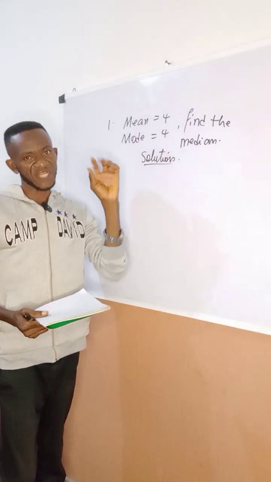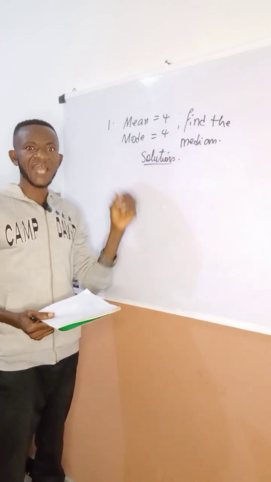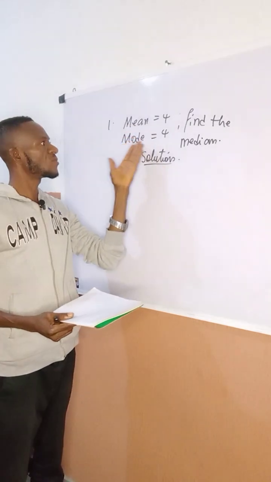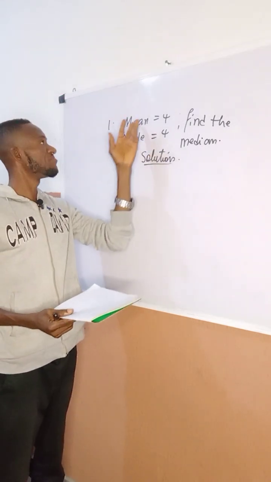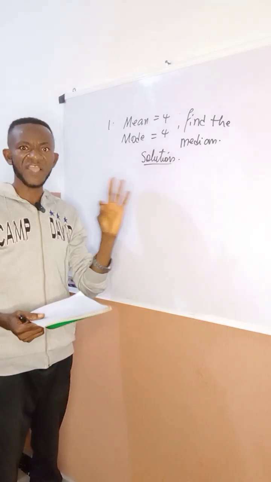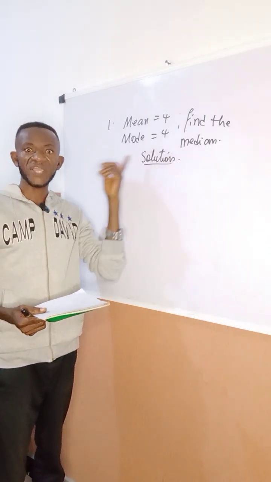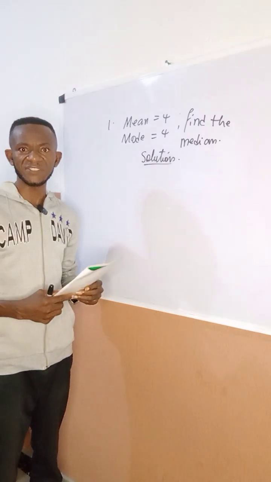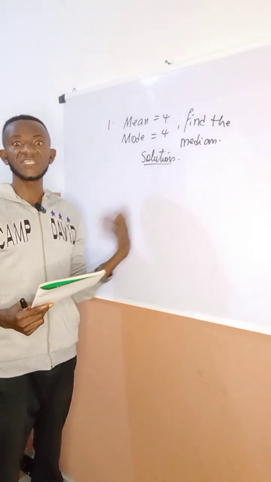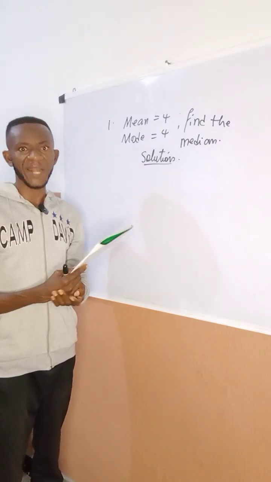So the first thing one has to do is to look out for a formula that connects the mean, mode, and what? Median. The moment we find this connecting formula of these three parameters, we can easily come up with the answer to this. And do remember that in our last class, we did give the formula that connects these three parameters.